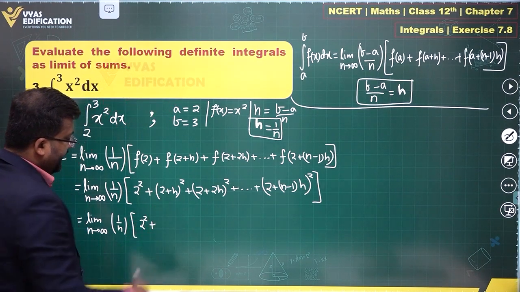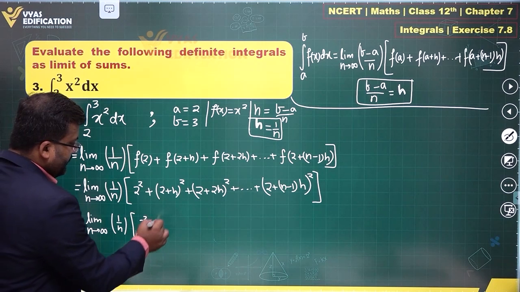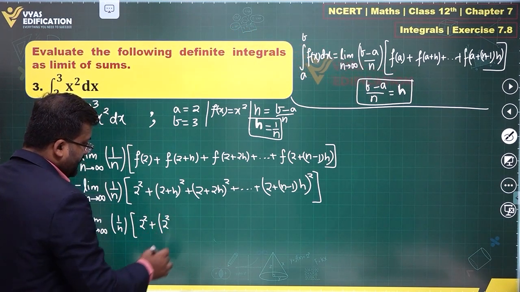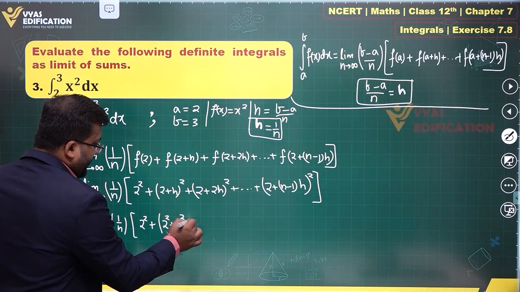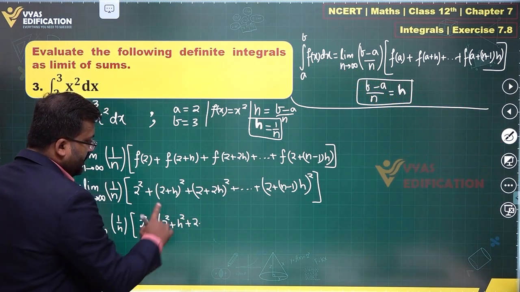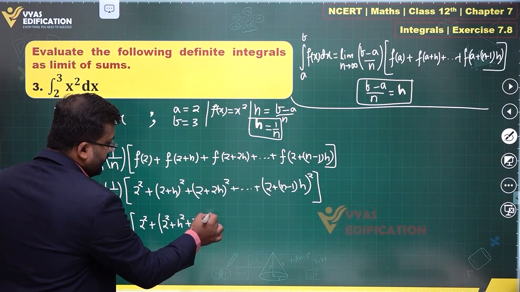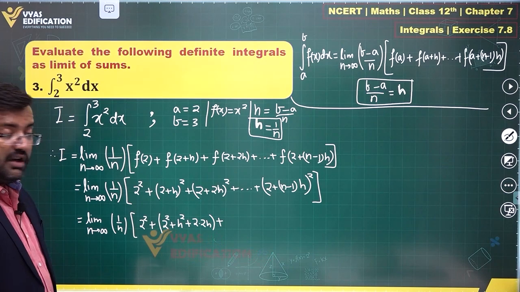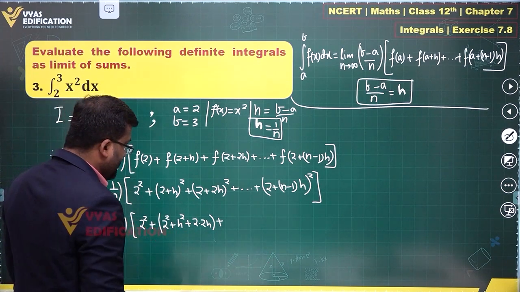What about this term over here? Let's take a look at this term. This is 2 plus h whole square, which will give us 2 square, and it will also give me h square. It will also give me 2 times 2h, plus what else? Next, let's take a look at this.